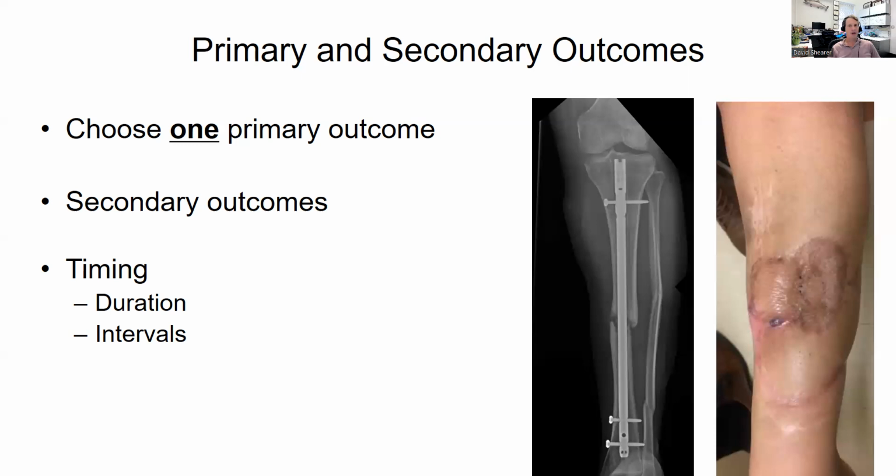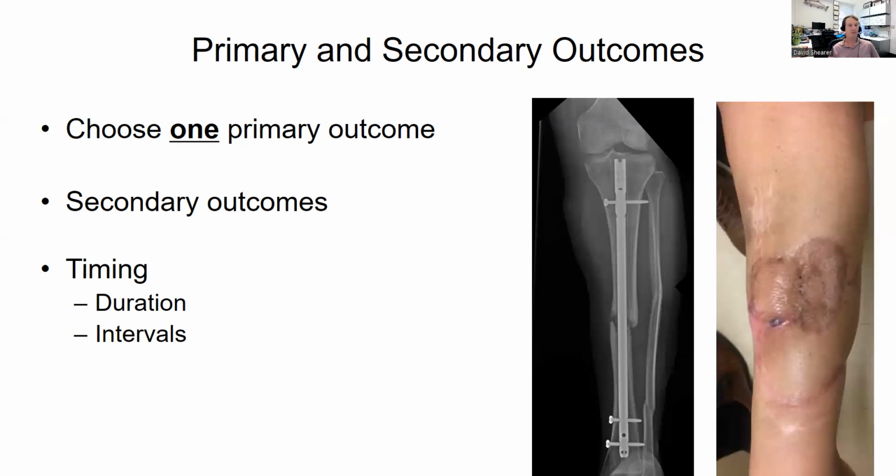The other thing that's important about outcomes that we haven't talked about is timing. Timing could be both the duration of time or the time point that you're going to assess the outcome, and sometimes you might assess it at multiple time points. You want to specify what that interval is, and this is going to depend on what the outcome is. For example, if your outcome is infection or even length of stay, then it's going to be a very short period of follow-up that's required.